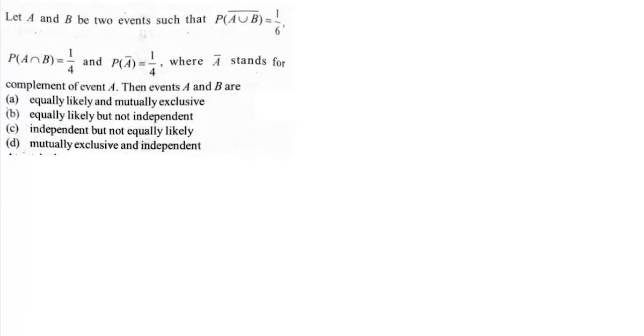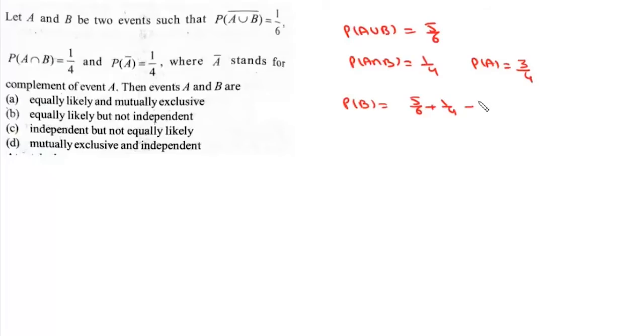Now here we are given two events as that P(A union B naught) is 1 by 6. That means probability of A union B will be 5 by 6. Probability of A intersection B is 1 by 4, and probability of A is 3 by 4. We can find probability of B, and it will be 5 by 6 plus 1 by 4 minus 3 by 4, and that will be 1 by 3.